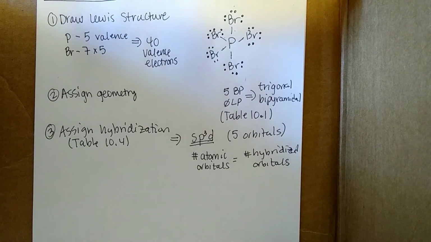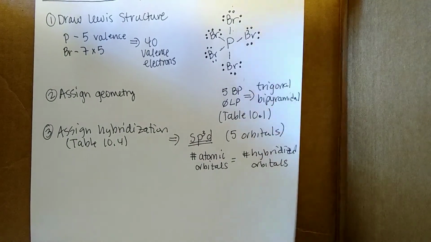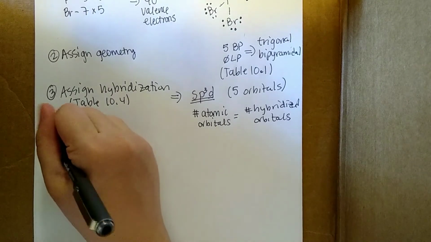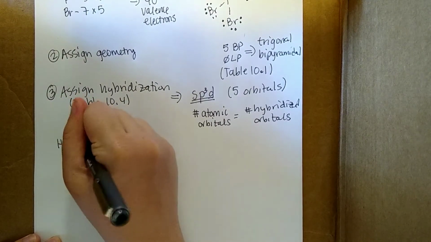Now let's take a look at how these hybrid orbitals actually form and go into a little more detail. So here I'll draw some hybridized orbitals.